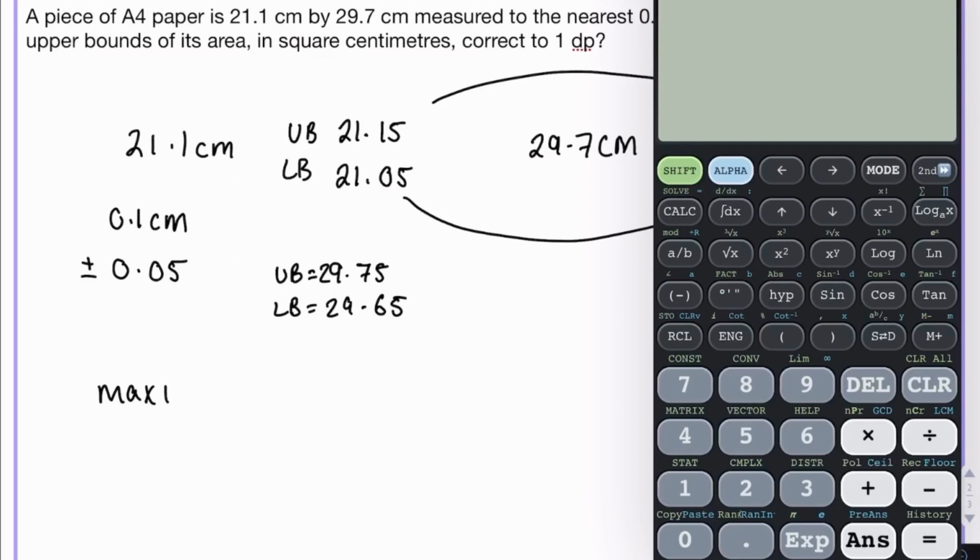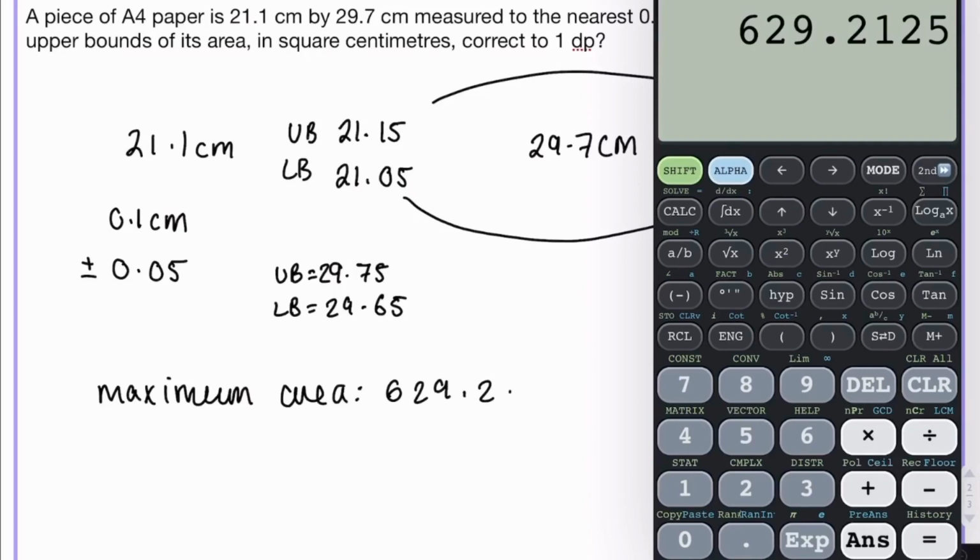maximum area will be equal to 21.15 multiplied by 29.75, which equals 629.2 centimeters squared to one decimal place.